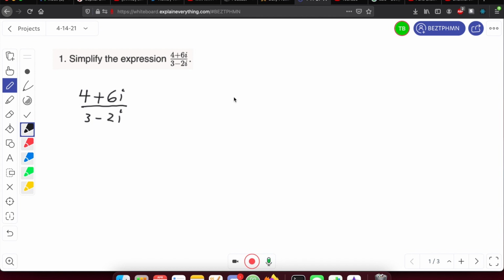is if we have a fraction in the form, let's say (a + bi) over (c + di), what we can do is multiply the top and the bottom of the fraction by the denominator of this fraction with basically the negated sign in the center.